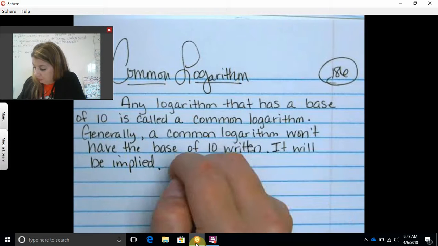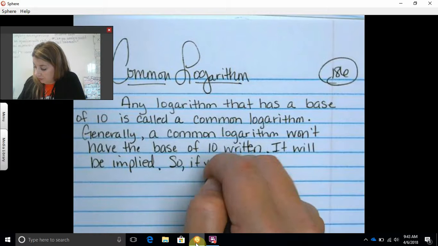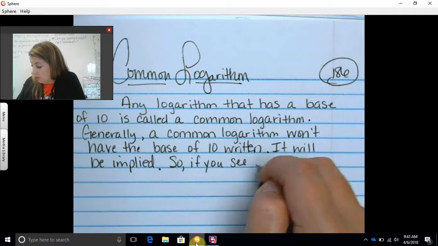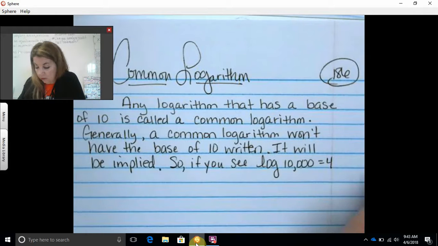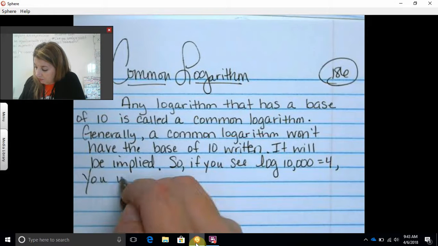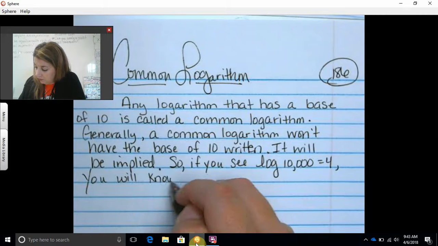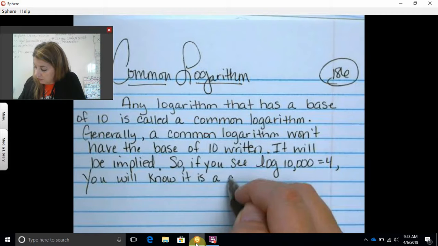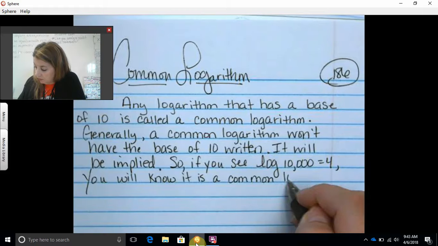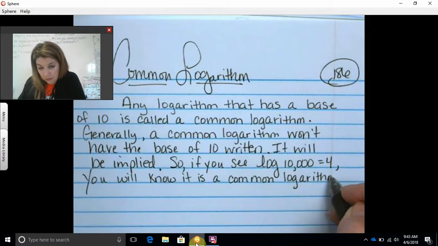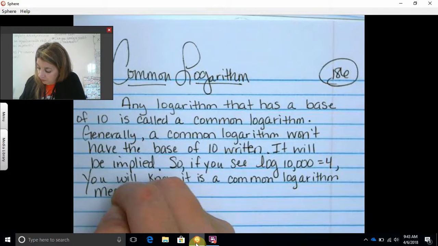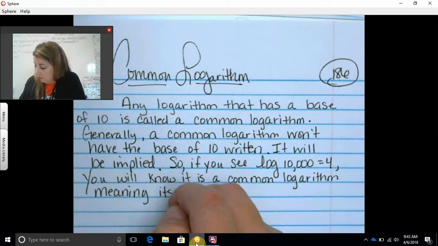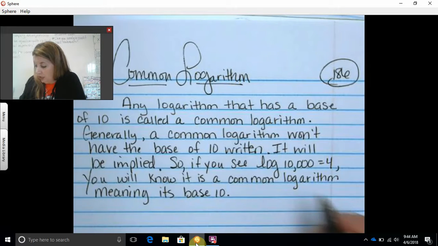So if you see log of 10,000 equals 4, you will know it is a common logarithm, meaning its base is 10. I know that's kind of redundant, but hopefully you get the point.